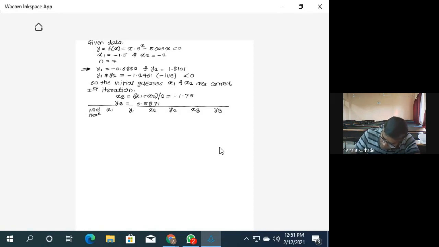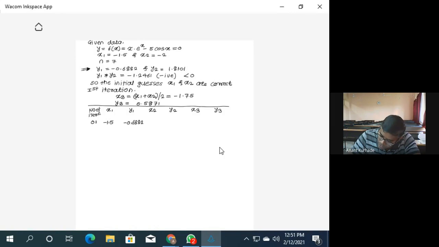So we can start our first iteration. We have already shown the first iteration in detail. Initially, the value of x1 is minus 1.5, and we get y1 as minus 0.6882.